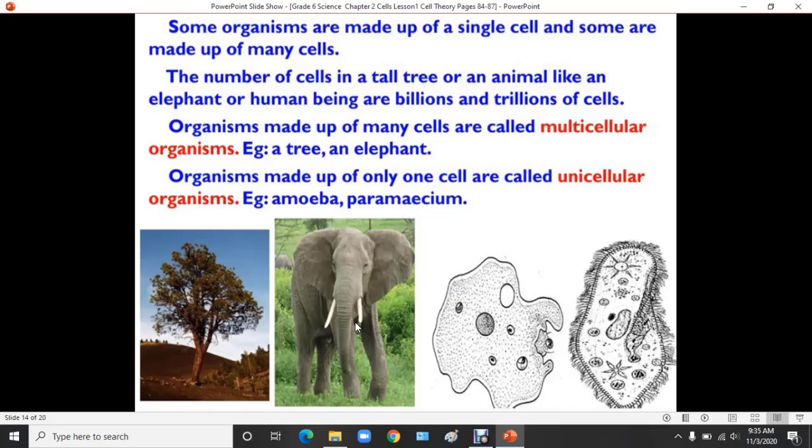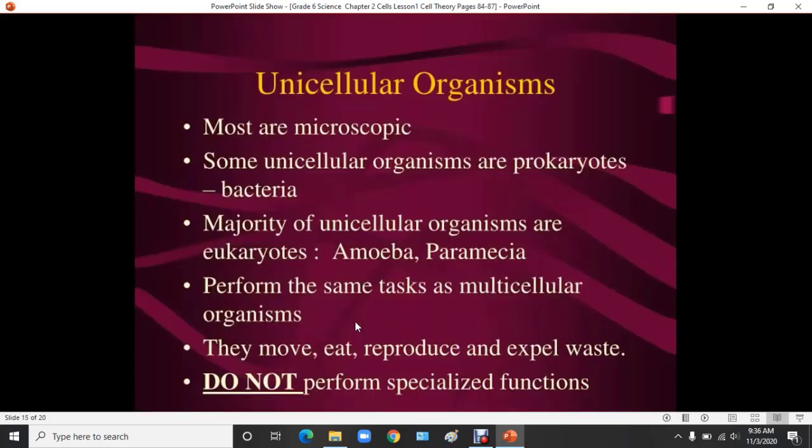So the organisms made up of many cells are called multicellular organisms, whereas the organisms made up of only one cell are called unicellular organisms. The examples are bacteria, paramecium, and euglena, which are unicellular organisms.